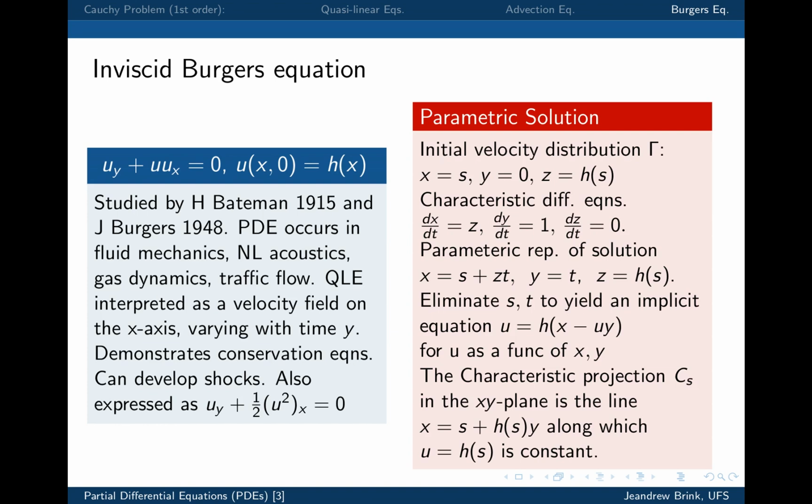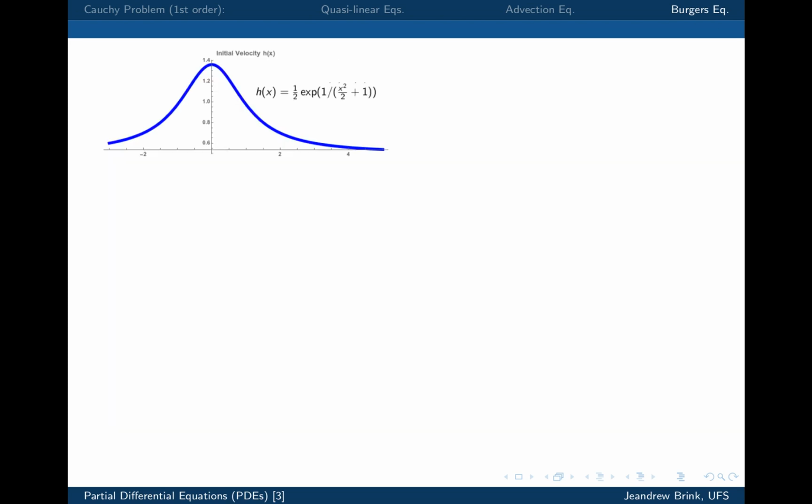We still have that u remains constant along the characteristics, but the characteristics are dependent on the actual initial function. And so what happens is something as follows. Let's take the same initial condition as what I had for the advection equation. So we just begin with a hump function.